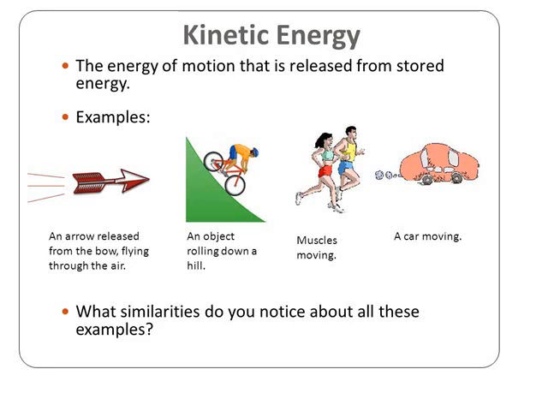This slide gives more examples which will develop your understanding more. Kinetic energy is the energy of motion that is released from a stored energy. First example, an arrow released from the bow flying through the air.